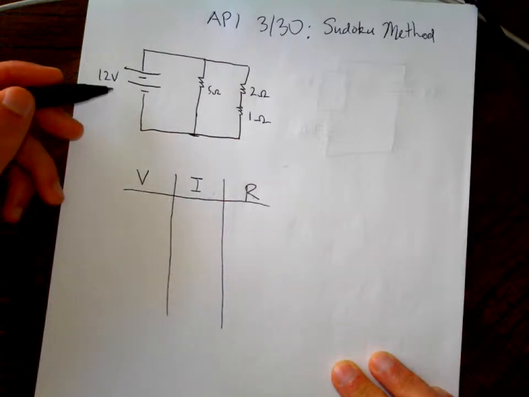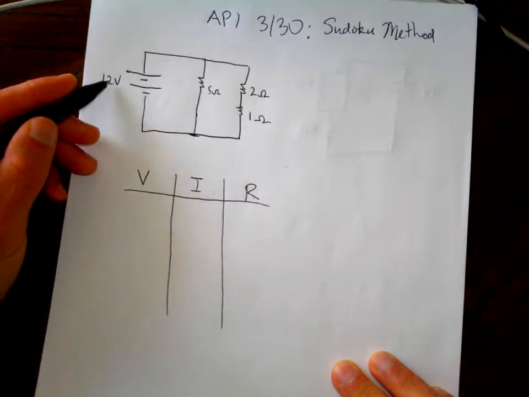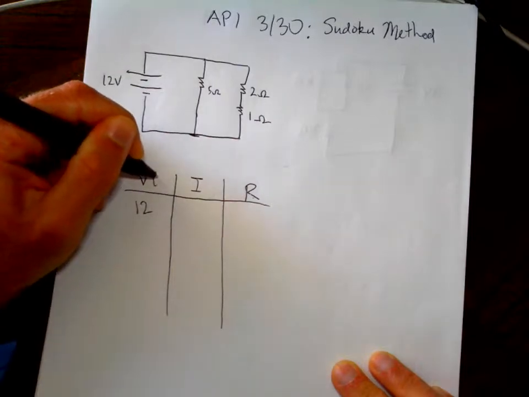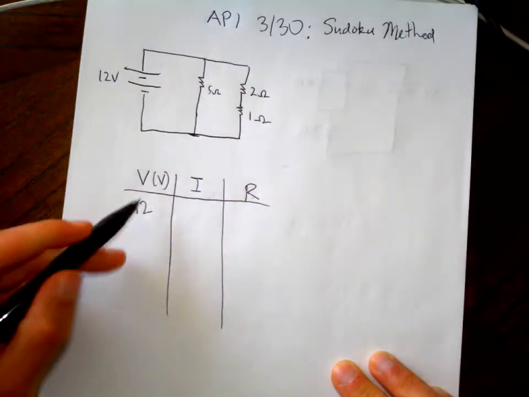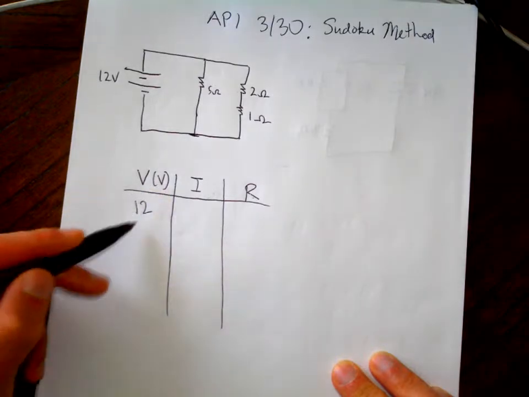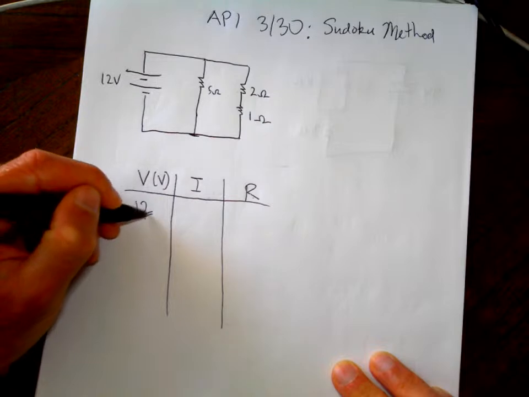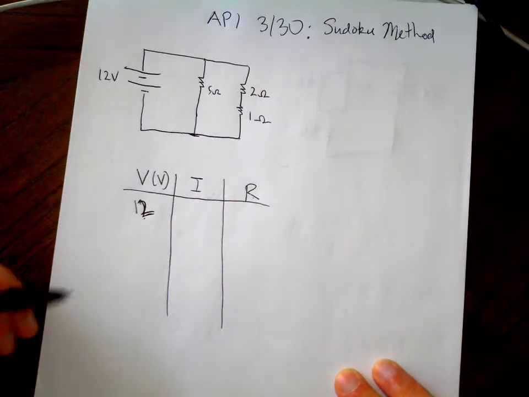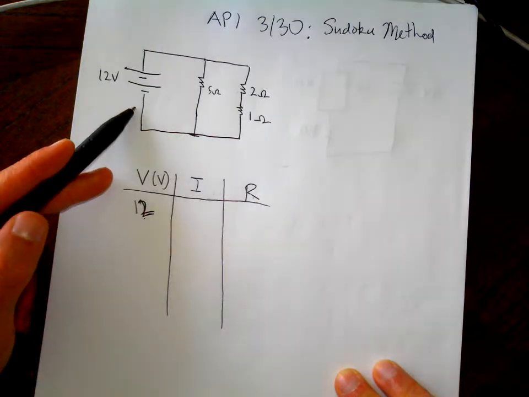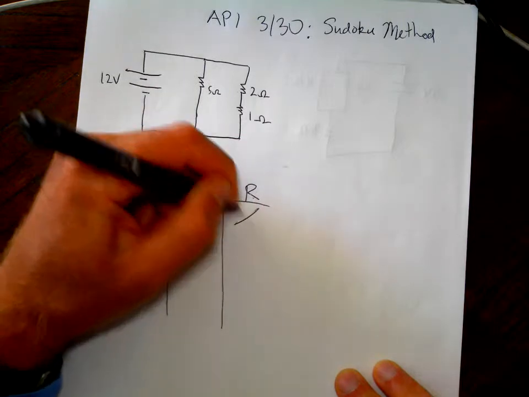So I can see there's a battery, and the battery produces 12 volts. I'll put V in parentheses for the units. If I put V in parentheses up here to tell me the units, then I don't have to put it down here. So this is 12 volts. I'm going to assume that this is an ideal battery, so I'm going to ignore the resistance of that battery.